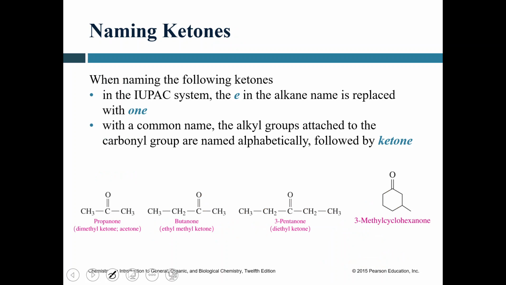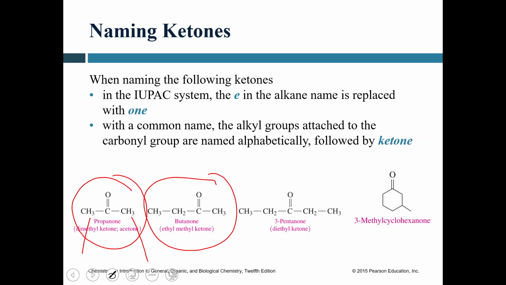In naming ketones, we replace the E in the alkane with ONE. With a common name, alkyl groups attached to the carbonyl group are named alphabetically, followed by ketone. So propanone, dimethyl ketone, another name is acetone.